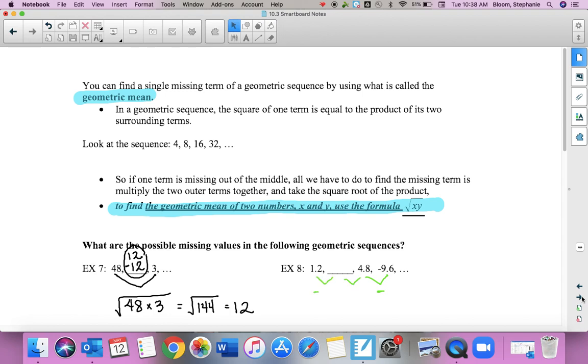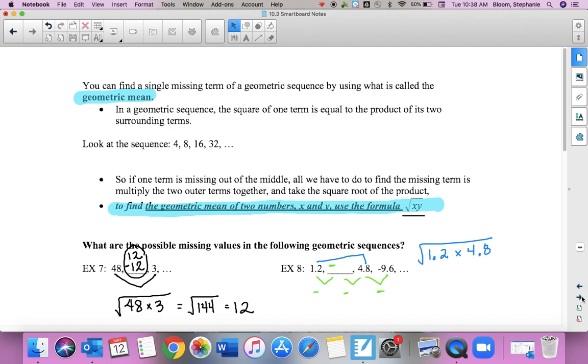So I know I'm going to have to be multiplying by a negative, which means this answer is going to be negative. So let's look between these two: 1.2 times 4.8, and I'm going to take the square root of that.